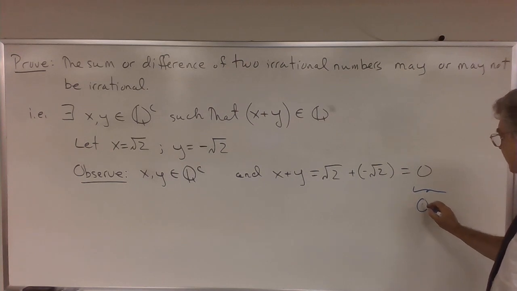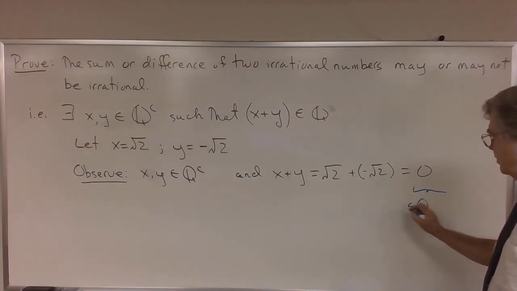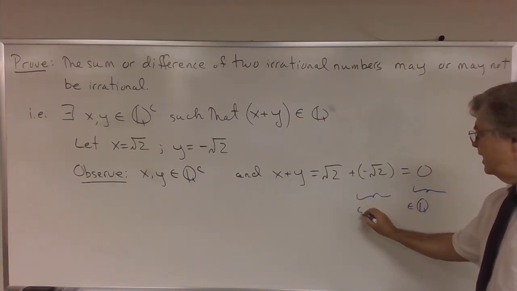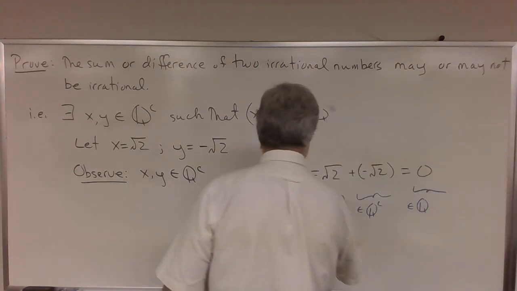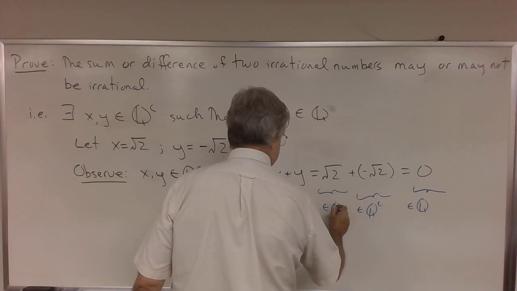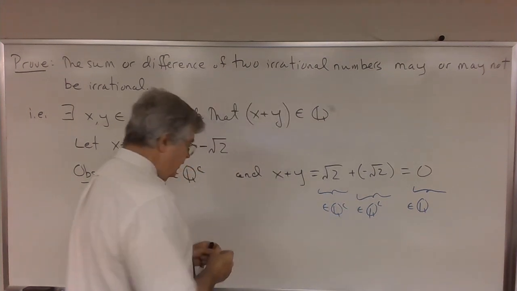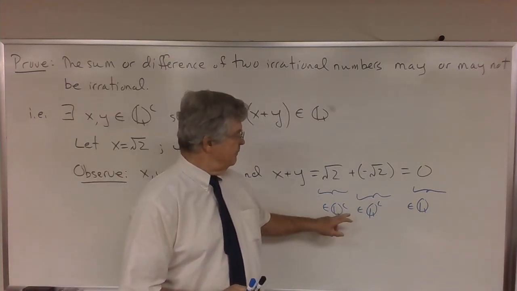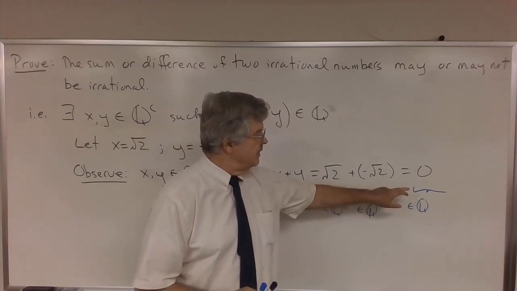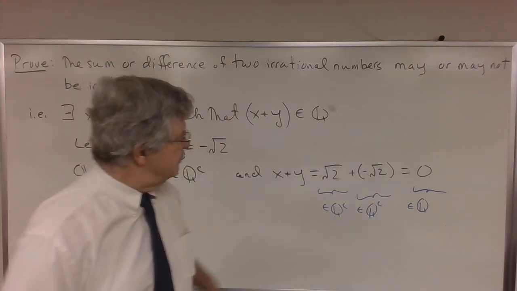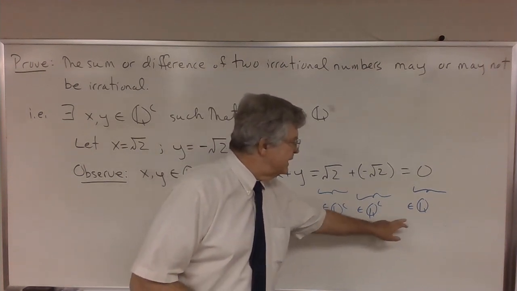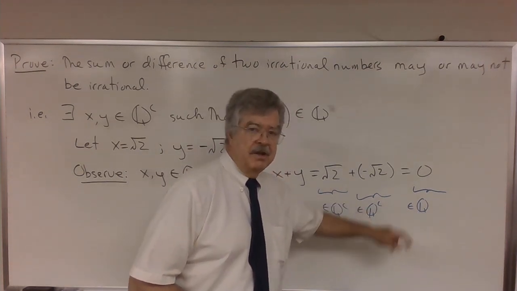This is a rational number, and yet these two are both irrational numbers. So we do have the sum of two irrational numbers yielding a rational number.